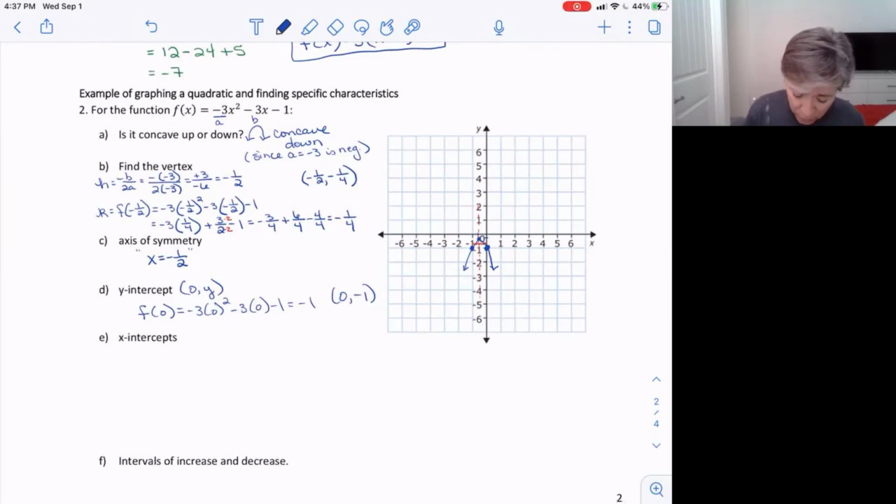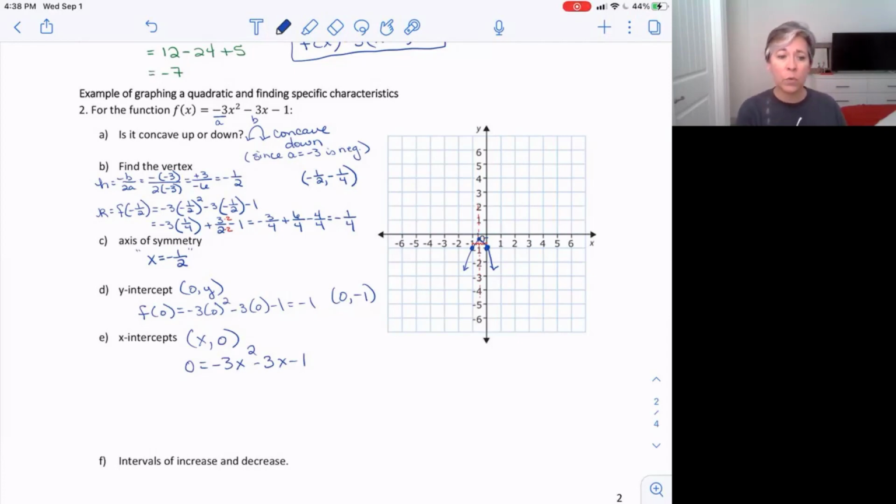Well, again, we know x-intercepts, we're going to have an x and a y of 0. So normally we would plug in 0 equals negative 3x squared minus 3x minus 1, and we'd have to solve for that. We're going to learn how to solve those quadratic equations in the next section, 3.2. So in the meantime, you can use your calculators like we did in earlier sections.